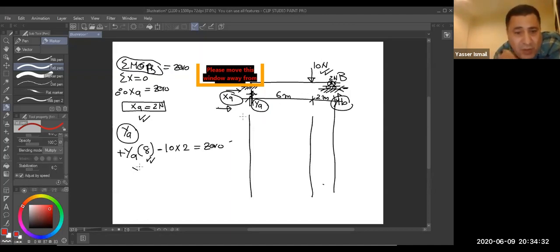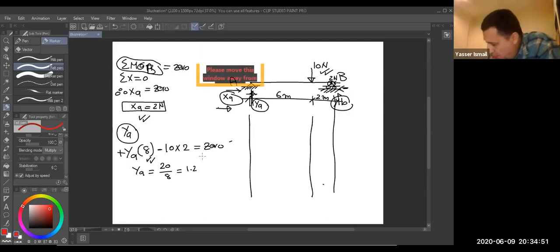That means YA equals 20 over 8, equals 5 over 2, which is 2.5.